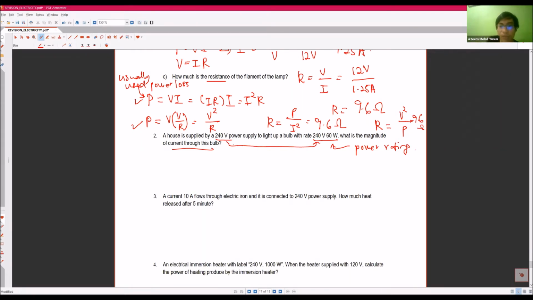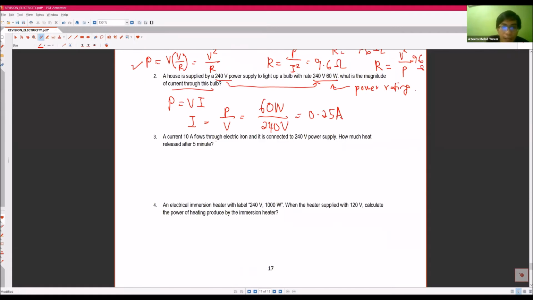So again, the formula is P = VI, so I is P over V. P is 60 watt, V is 240. 60 divided by 240 is 0.25 ampere.